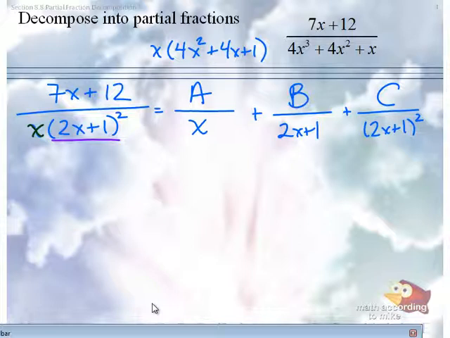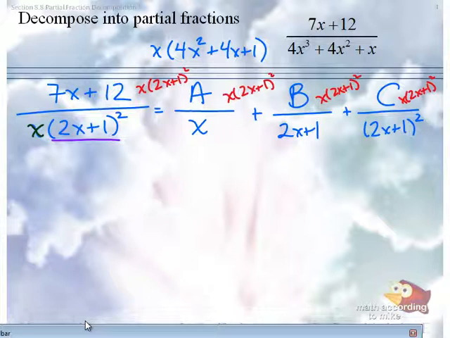Questions on the setup? All right, the next step is the same regardless of the case you're in. Multiply by the LCD, x times 2x plus 1, quantity squared. Canceled.